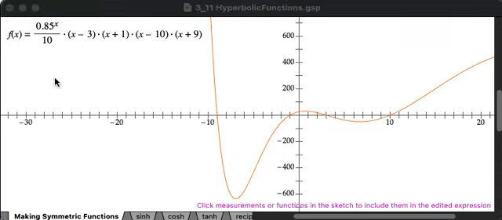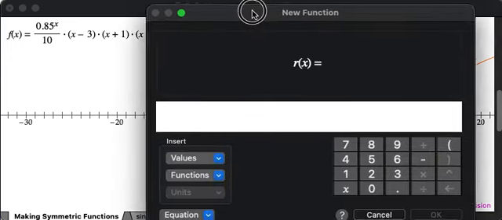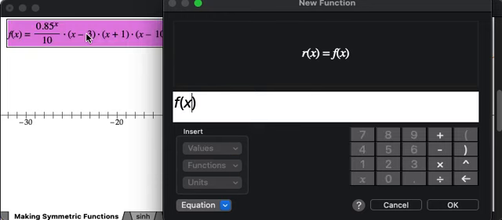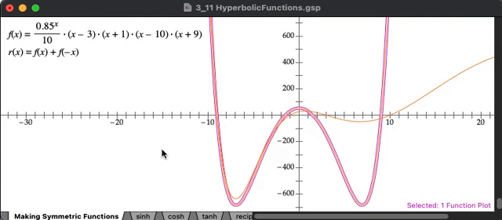So I am going to create a new function. I'm going to call it r of x, that is going to be f of x plus f of minus x. And that's going to be an even function.